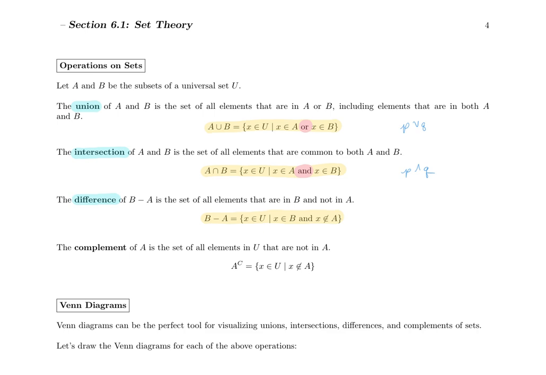But for the complement, we actually do have a logical version of this one. So the complement of A is the set of all elements in the universal set that are not in A. So A's complement is a set of elements X that are in the universal set such that X is not in A. So this is akin to our not P.